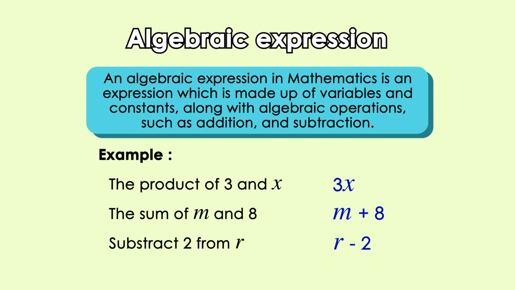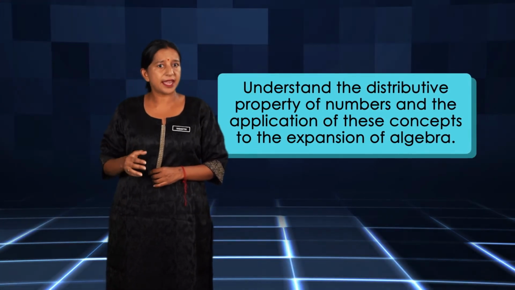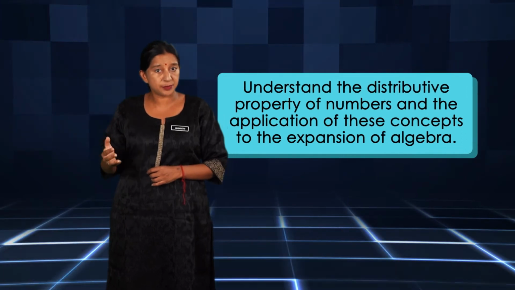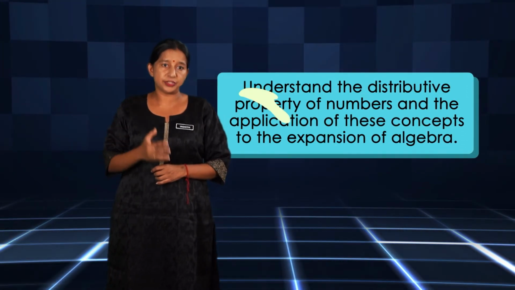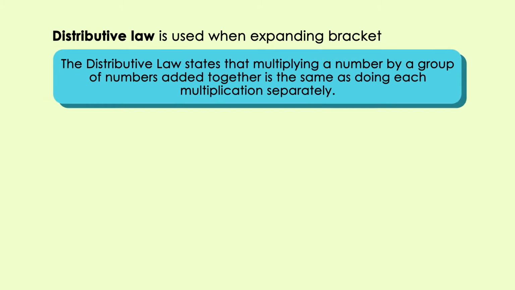Boys and girls, before we learn how to expand algebraic expressions, let's first understand the distributive property of numbers and the application of these concepts to the expansion of algebra. The distributive law states that multiplying a number by a group of numbers added together is the same as doing each multiplication separately.